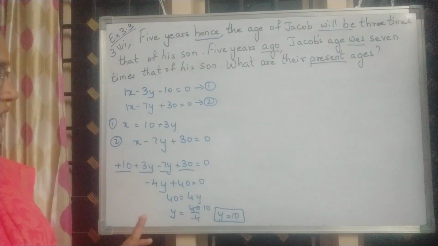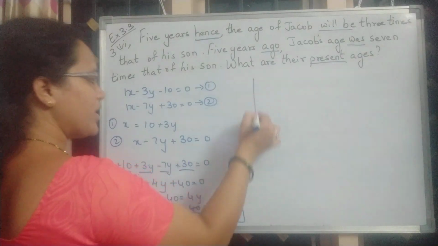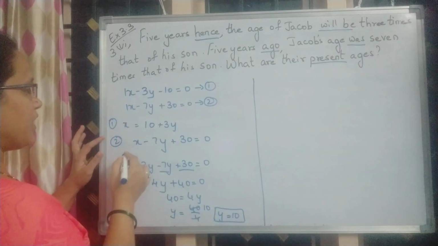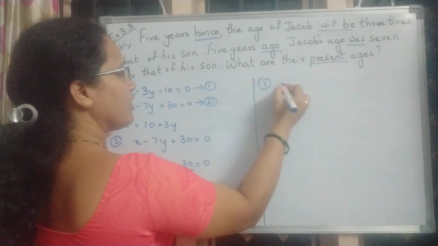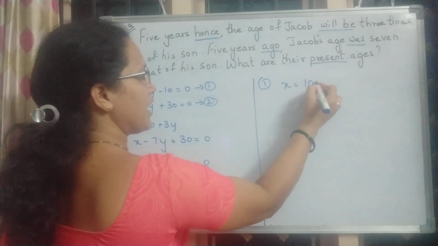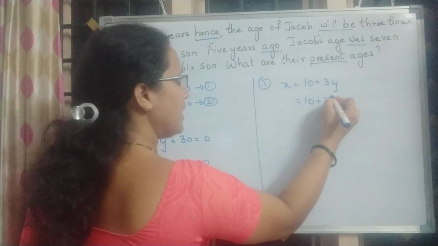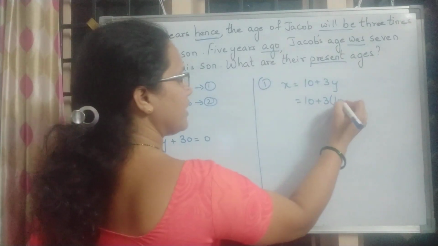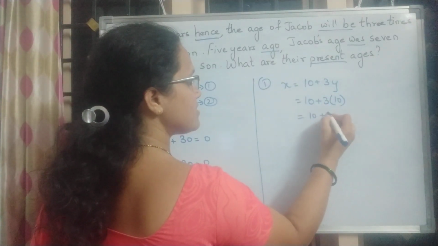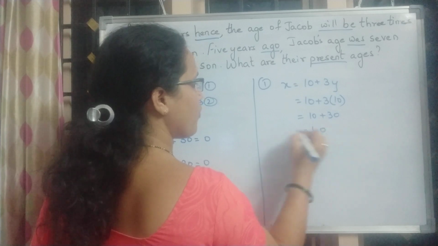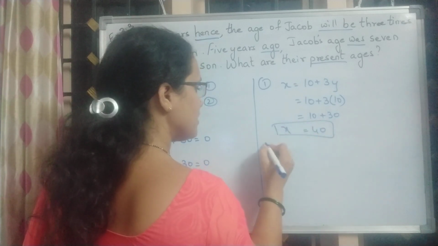So y equals 10. After finding y equals 10, substitute in equation 1, that is x equals 10 plus 3y, where 10 plus 3 into 10. So 10 plus 30 equals 40.